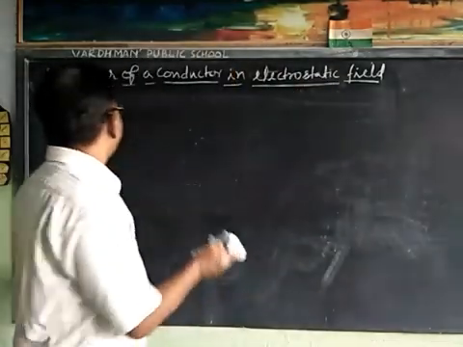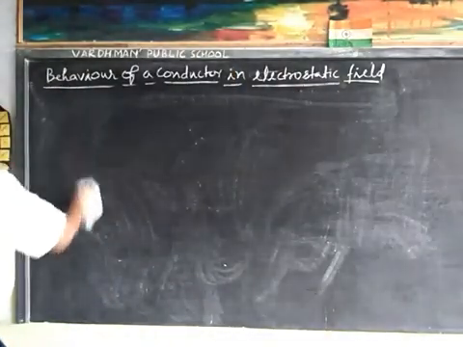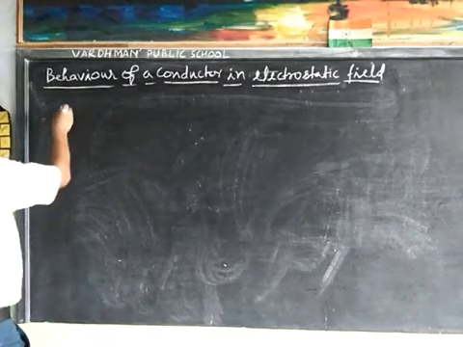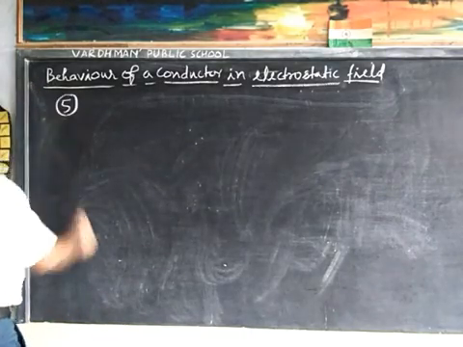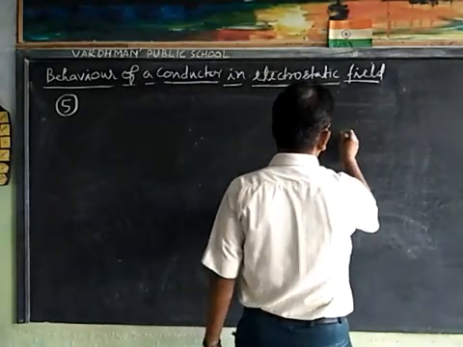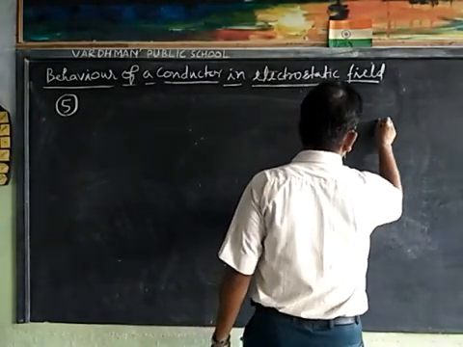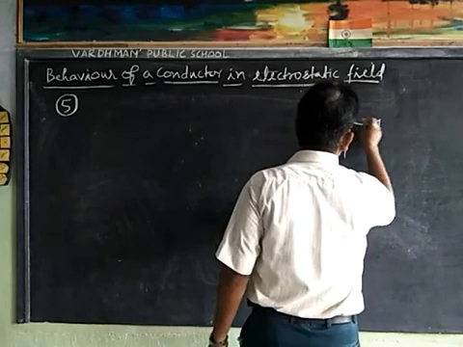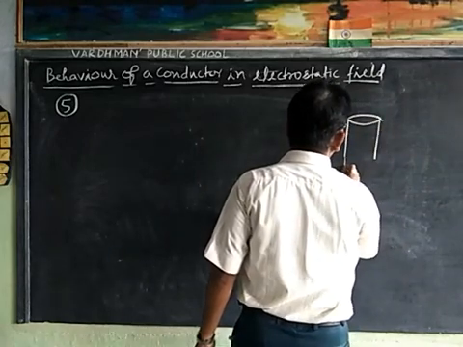Now, fifth behavior of a conductor in electrostatic field. For this, we draw the diagram.